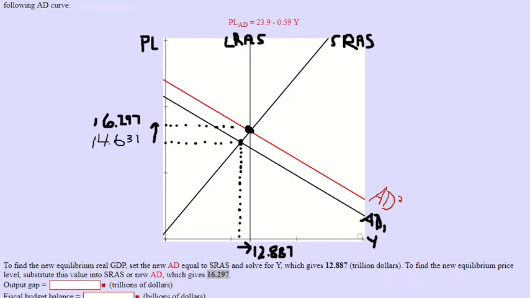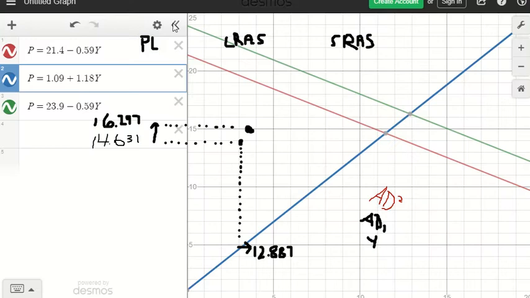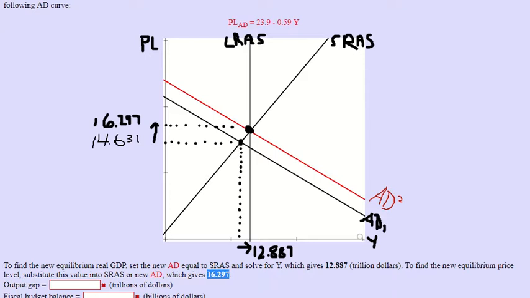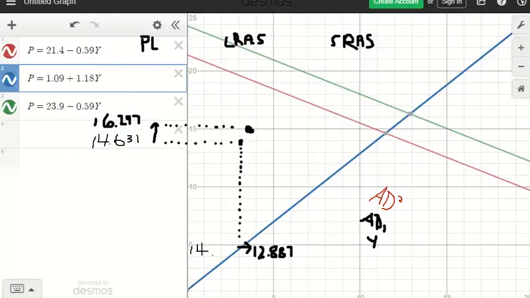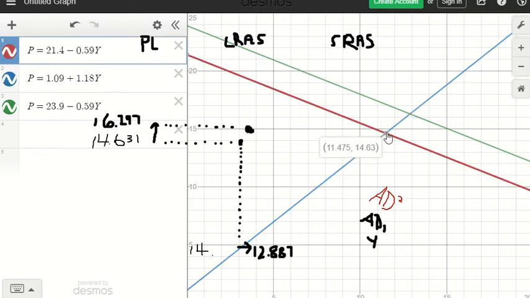And GDP was 11.475. Right? What was it? I forgot already. 11.475.